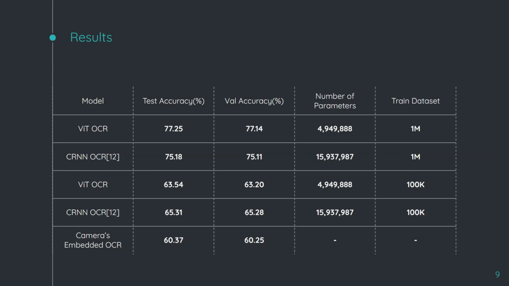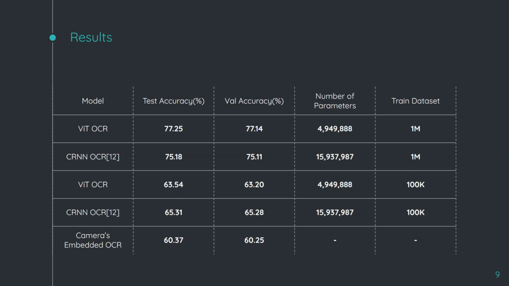As we can see, the 100K subset multipath ViT has a competitive result, and on the whole dataset with a tiny number of parameters, it gained better performance. CRNN and multipath ViT models achieve better accuracy than the camera's embedded OCR.